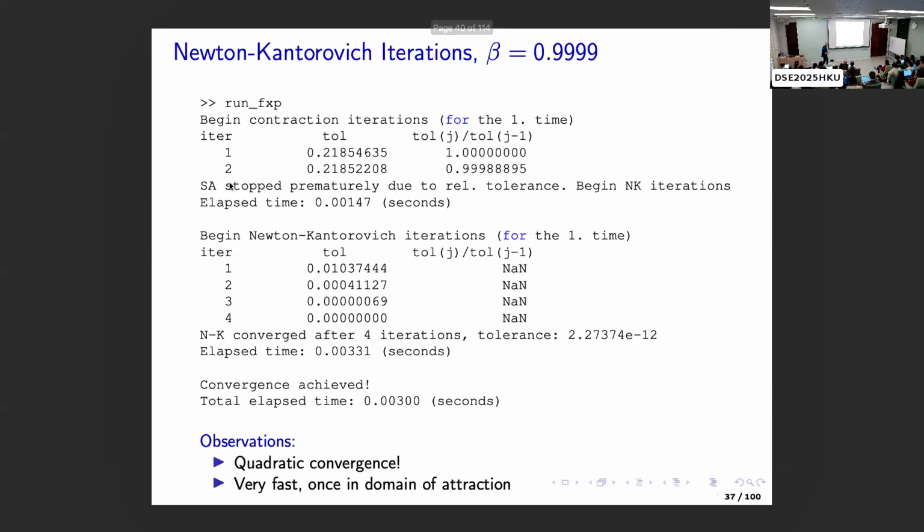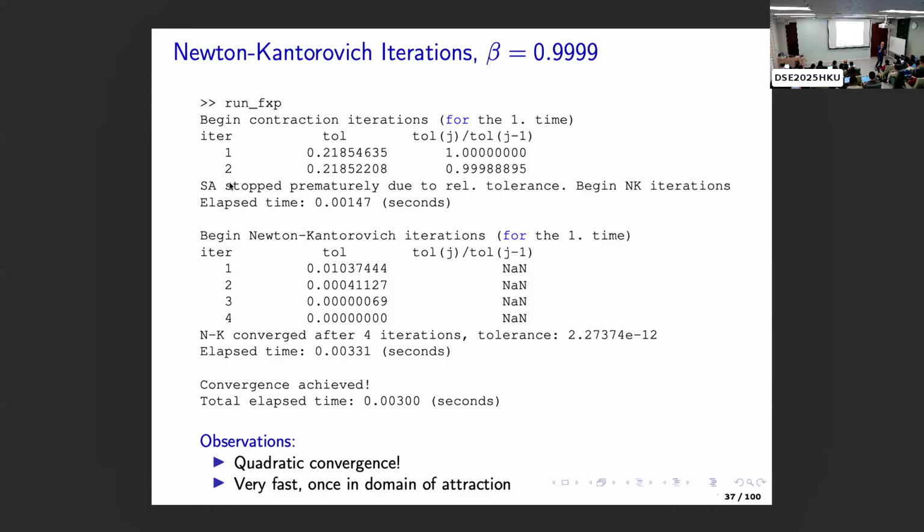Now, if you do instead the Newton-Kantorovich iterations, look at the tolerance here: 0.01 after one iteration. Then it's on the order of 10 to the power of minus 2, then 10 to the power of minus 4, and minus 8, and then you reach machine precision.